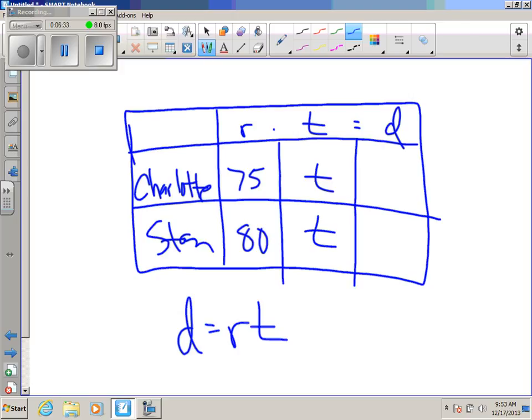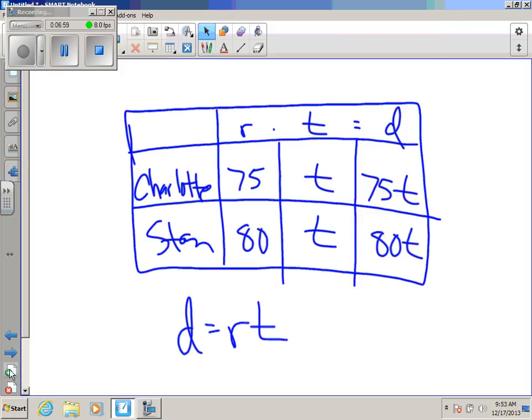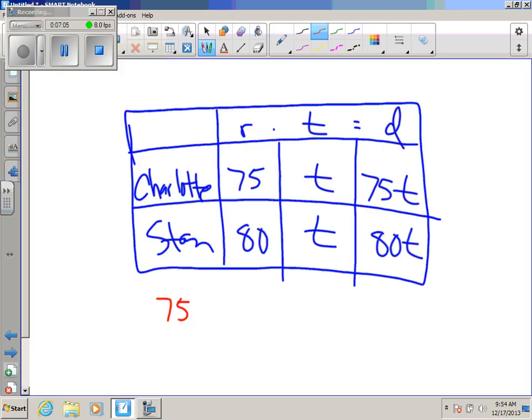When I multiply R times T for Charlotte, 75 times T becomes 75T. When I multiply R times T for Stan, 80 times T, 80T. I still don't know what T is. So what we'll do then is combine those distances. Charlotte's at 75T and Stan's at 80T to get our 620.